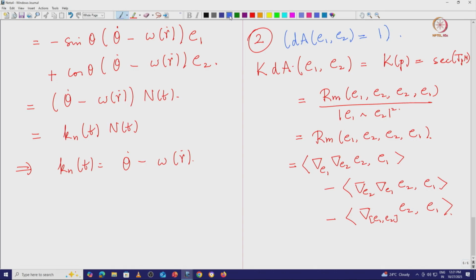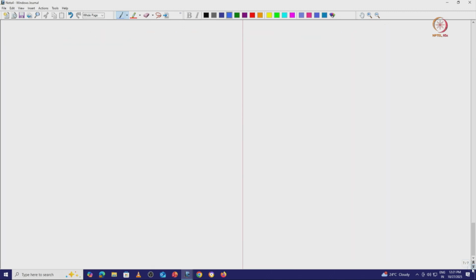So note that for any vector field x, nabla x E2 inner product with E1 is by definition omega of that vector field, right. So the final term is by definition this. So let us simplify. So this is equal to nabla E1, you have nabla E2 of E2.